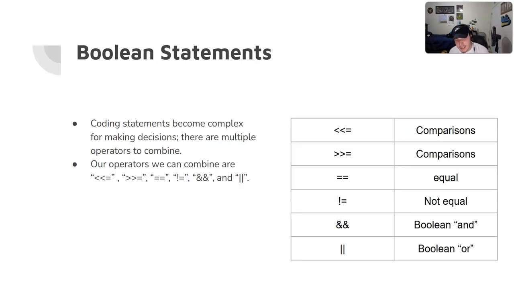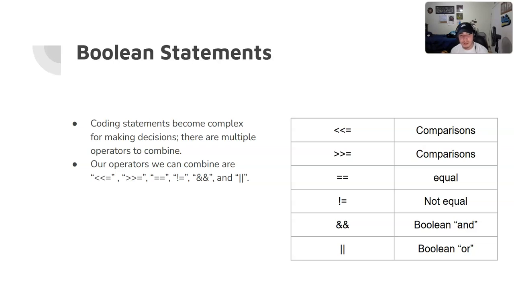As I said before about math notations, they're also called Boolean. They're not called Boolean notations, only Boolean statements. These statements are used for more complex coding when it comes to making decisions, when using multiple data types in one statement that you can combine for an if or else statement.